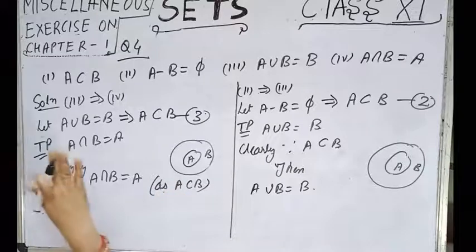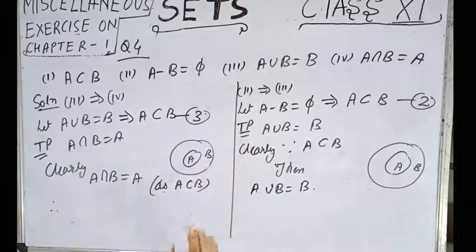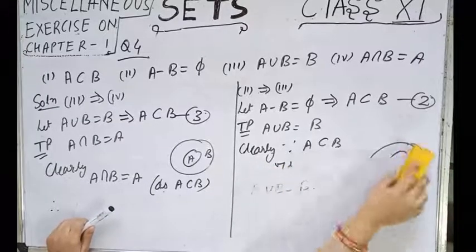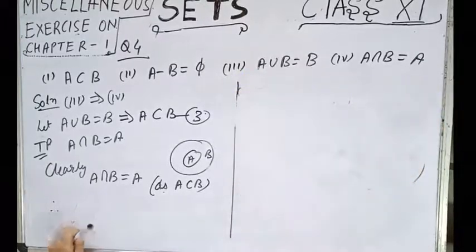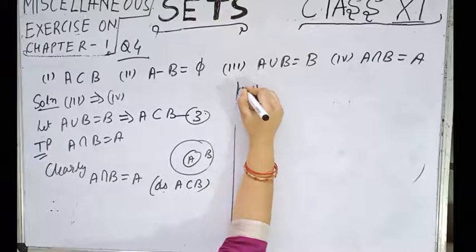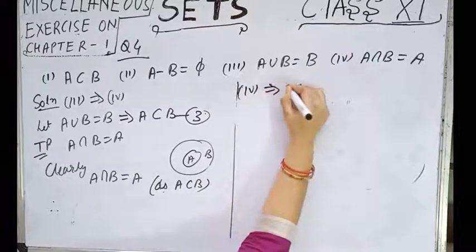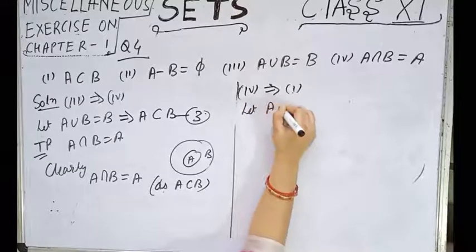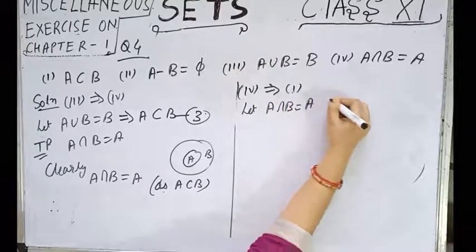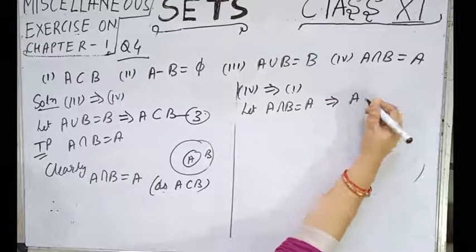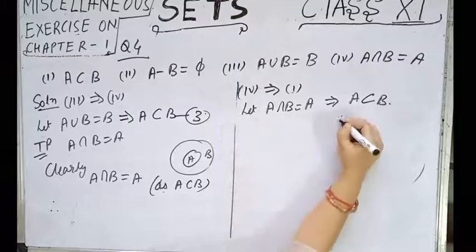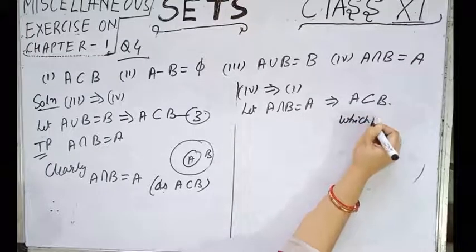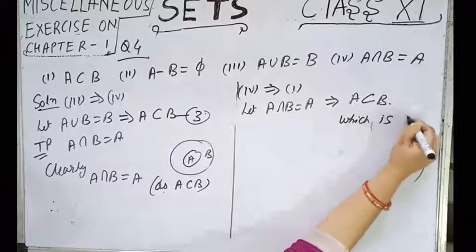So we have got over here 1 implies 2, 2 implies 3, 3 implies 4. Now we will show that 4 implies 1. So let us do that. 4 implies 1. So let A intersection B equals to A. Now obviously this will imply that A is the subset of B, which is 1.